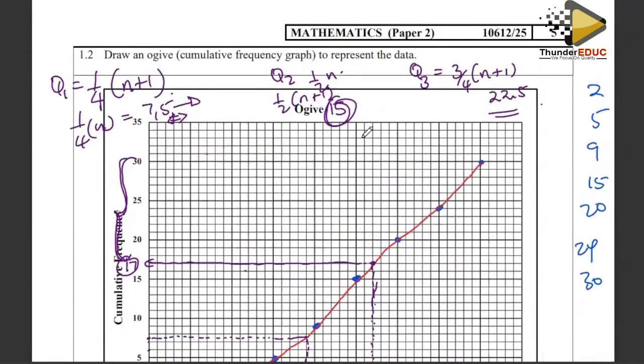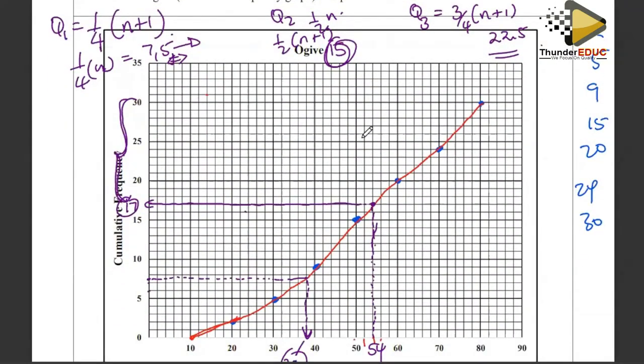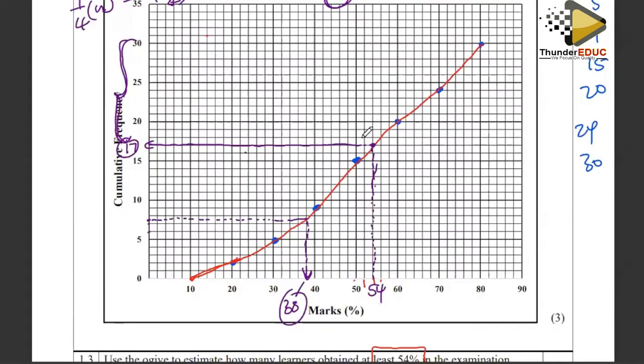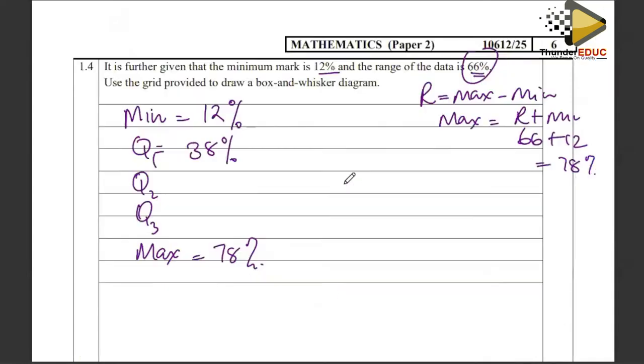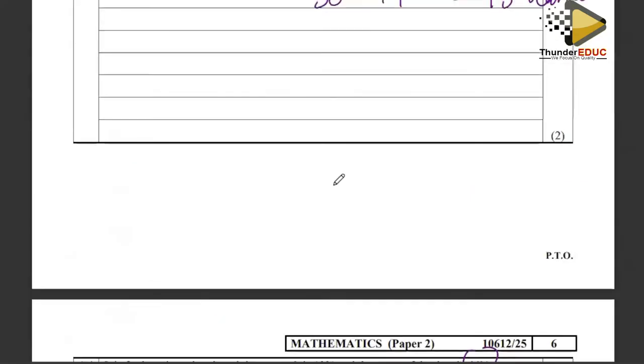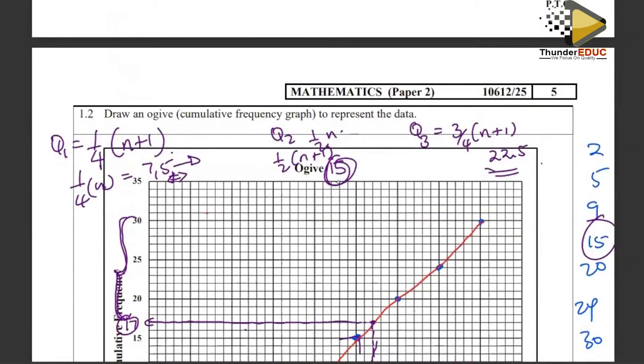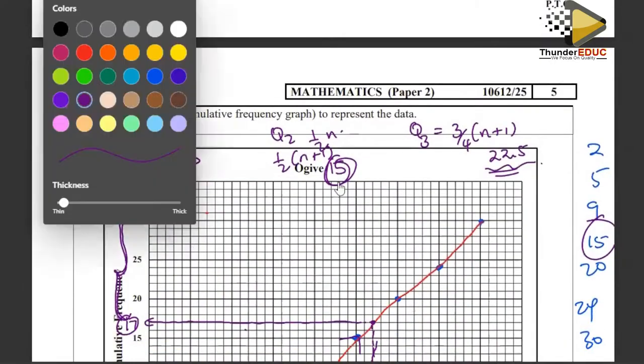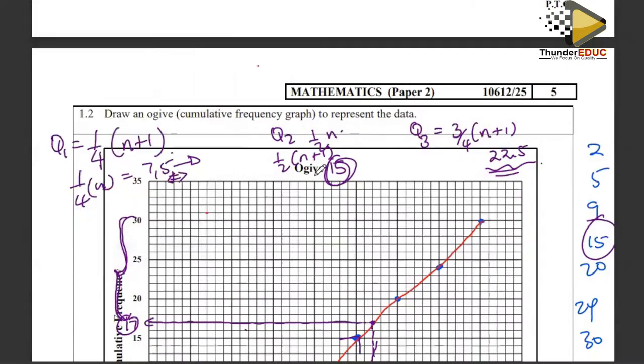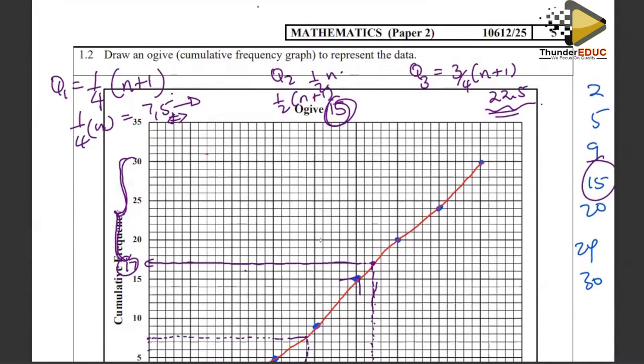Then I need to go look for the Q2. We say the position is 15. When I look at the 15 from our graph, we saw already that the 15 is aligning with the 50, meaning that our Q2 is going to be 50%. And then to get the Q3, we say the position is 22,5, or you can easily round it off to 23.